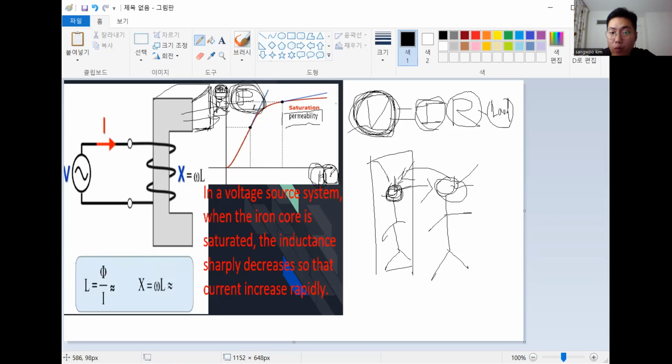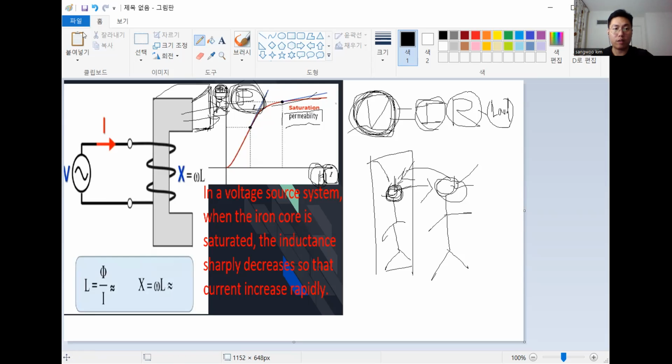Okay, but when it changes to the I and flux graph, the graph is the same. We just changed the units. The graph's properties, the calculus, is the same. But in this case, this slope, you can see.